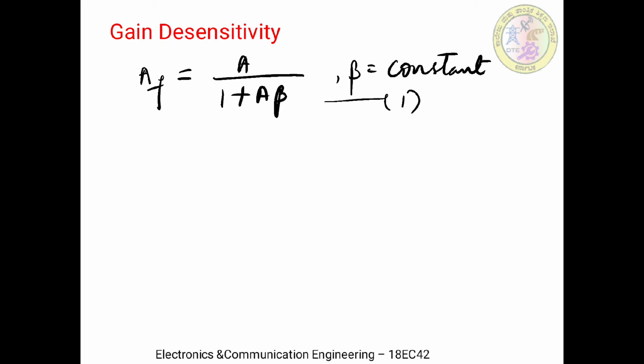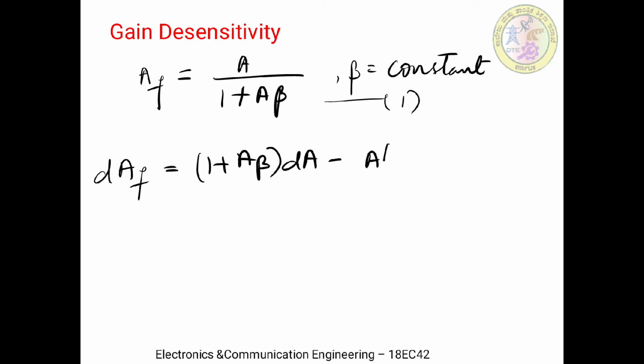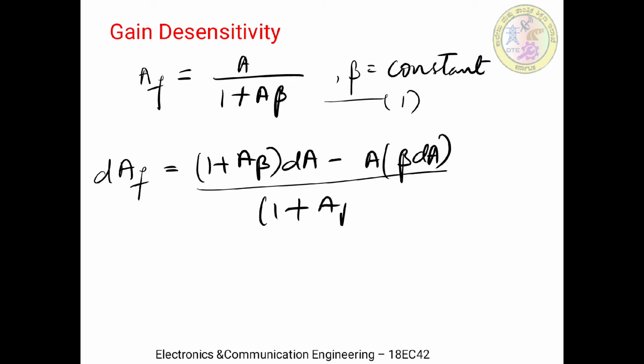Now differentiating the above equation on both sides, we'll get dAF equal to (1 plus A beta) dA minus A beta dA, divided by (1 plus A beta) whole square.